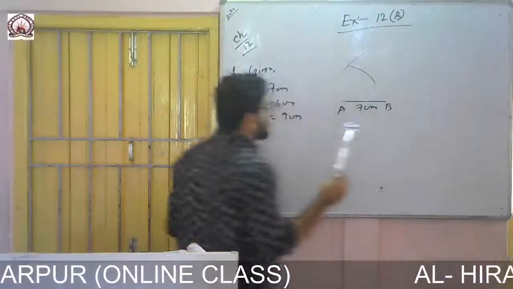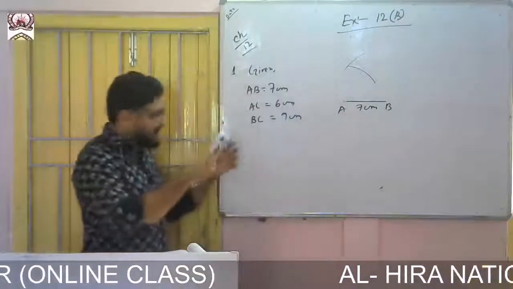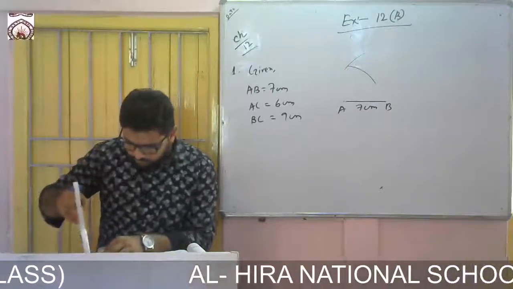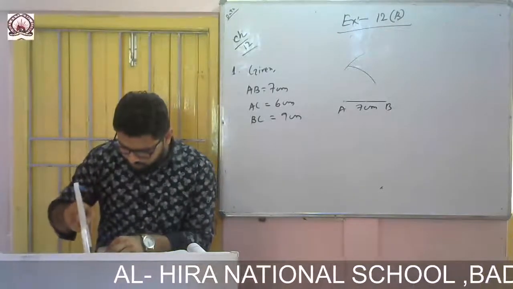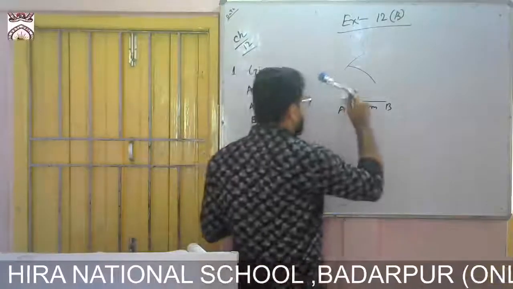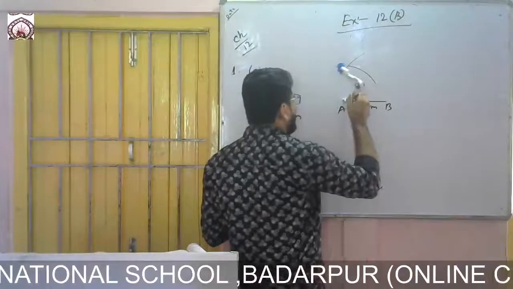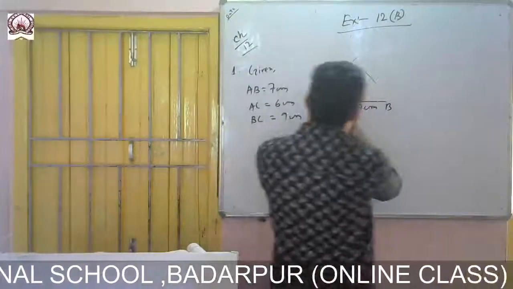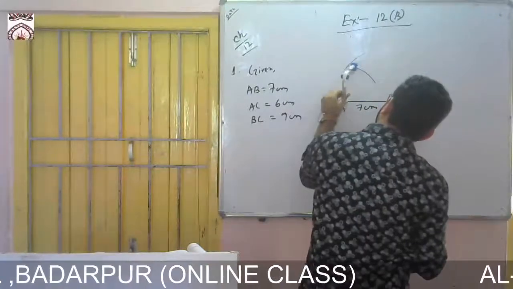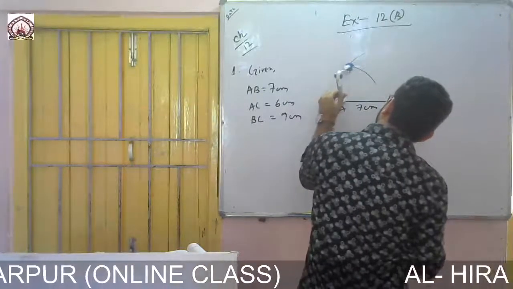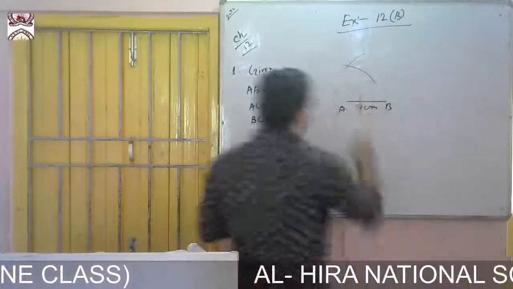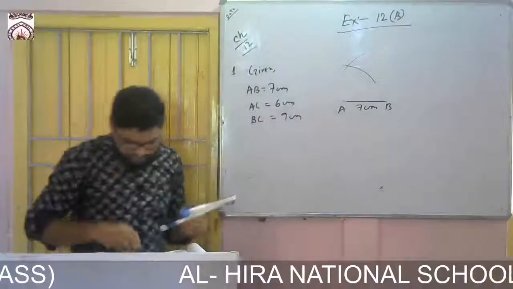Earlier it was actually 6. Let me draw the arcs again. Okay, see the point of intersection.